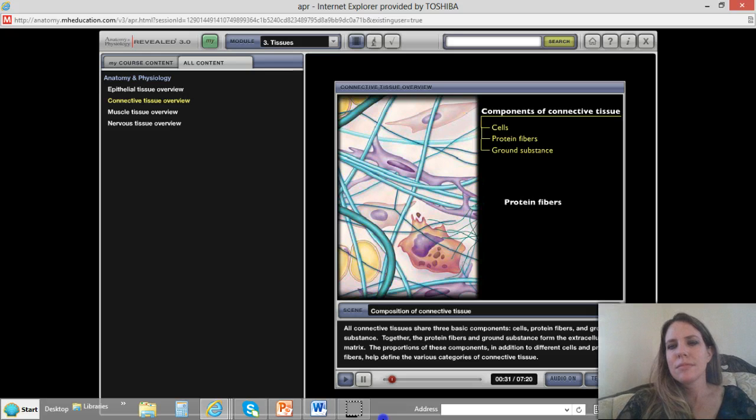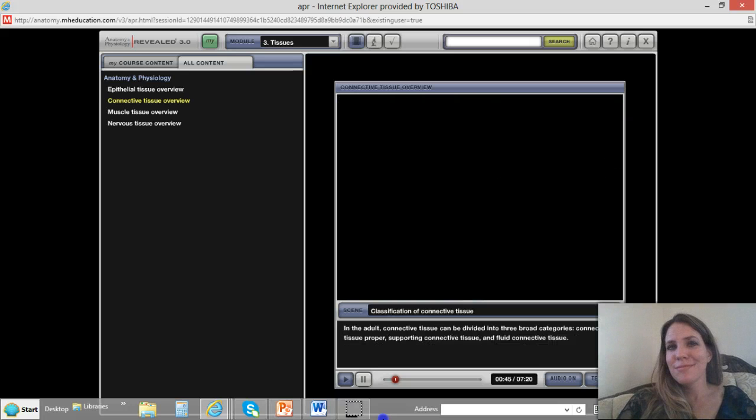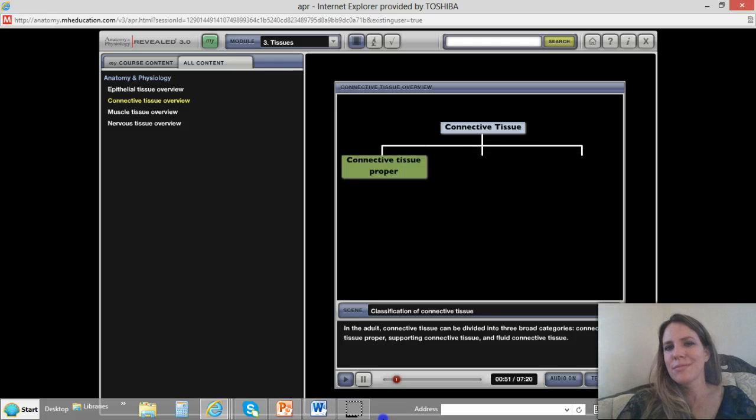Together, the protein fibers and ground substance form the extracellular matrix. The proportions of these components, in addition to different cells and protein fibers, help define the various categories of connective tissue. In the adult, connective tissue can be divided into three broad categories: connective tissue proper, supporting connective tissue, and fluid connective tissue.